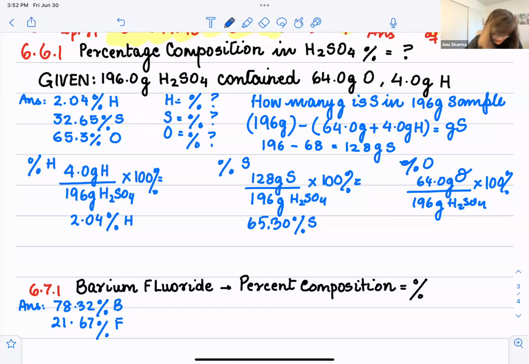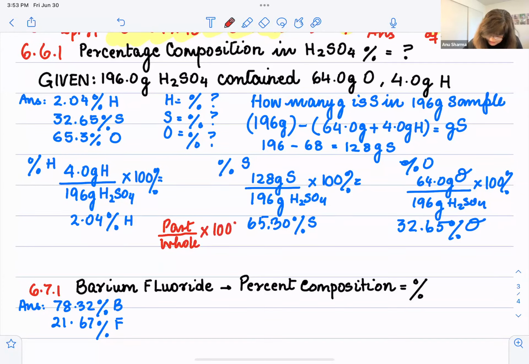Then oxygen is 64.0 divided by 196 times 100%, and that gives you 32.65% oxygen. So basically this is parts to whole. You just follow this formula times 100%, and those are the answers.